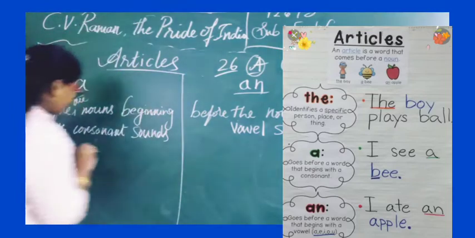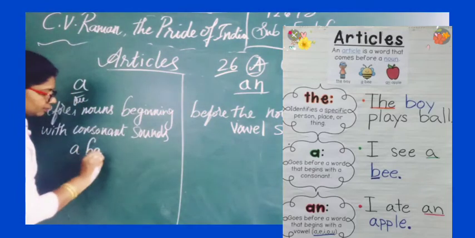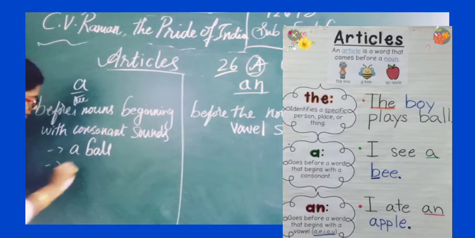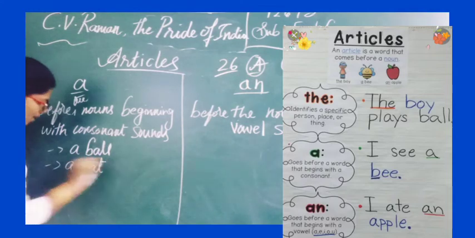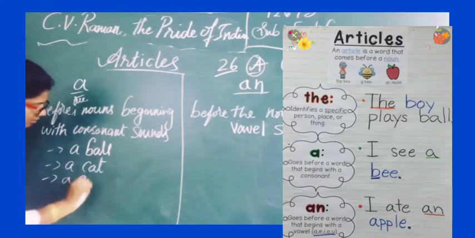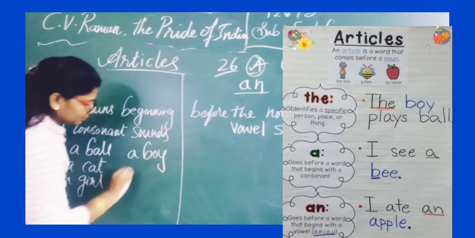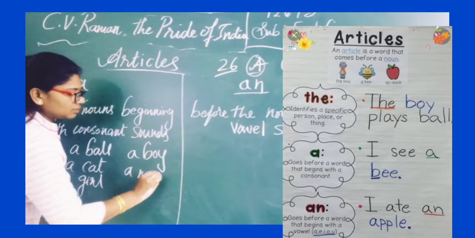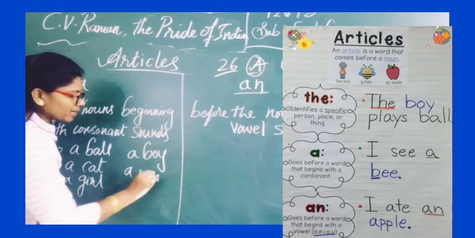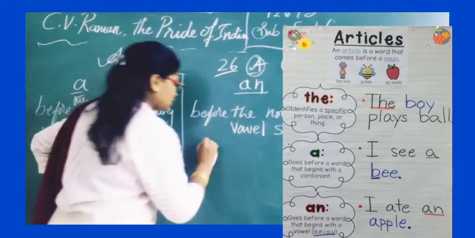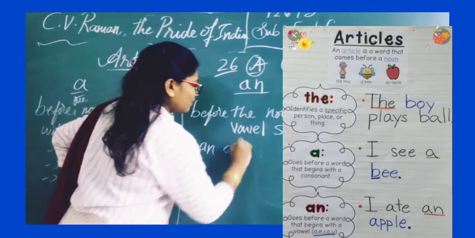So before the nouns beginning with consonant sounds, we are using the article a. Like for example, a ball, a cat, a flower, a girl, a boy, a man, a woman. Now vowel sounds: an apple, this is very simple.